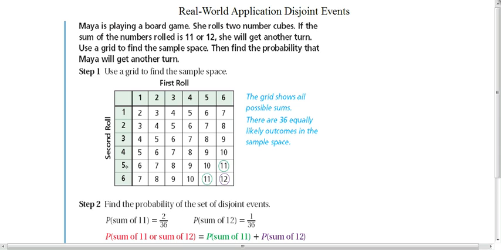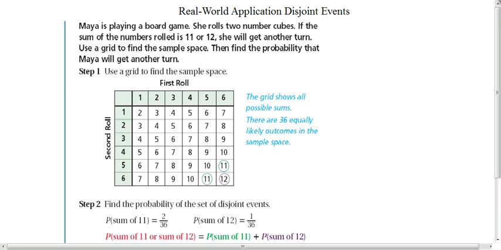If we roll a 5, on the second roll we could have rolled a 1 on the first one to give us 6, a 2 to give us 7, a 3 to give us 8, a 4 to give us 9, a 5 to give us 10, or a 6 to give us 11. And then on the sixth roll we could again roll a 1 to get us 7, a 2 to give us 8, a 3 to give us 9, a 4 to give us 10, a 5, 11, and a 6, 12.